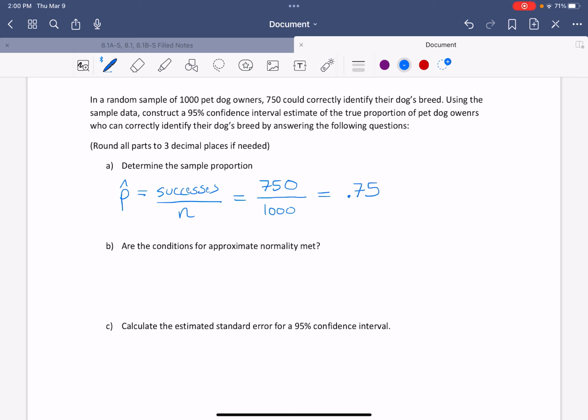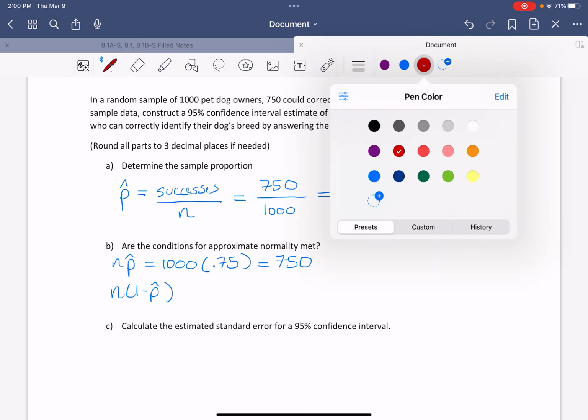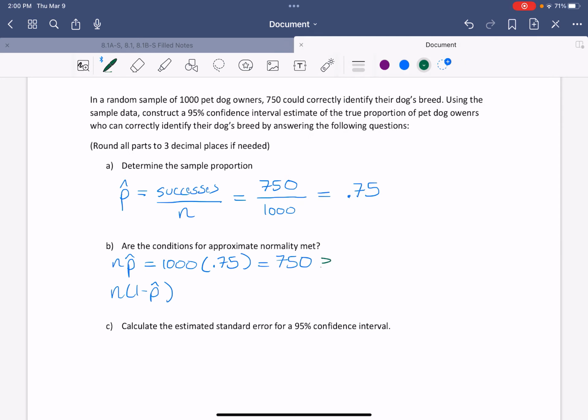The formula is n times p hat and n times 1 minus p hat, and for both we need to verify that they're greater than or equal to 10. So n was 1,000 times p hat, which you found to be 0.75. That gives you 750, which is greater than or equal to 10.